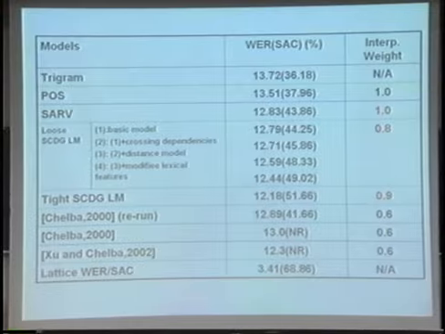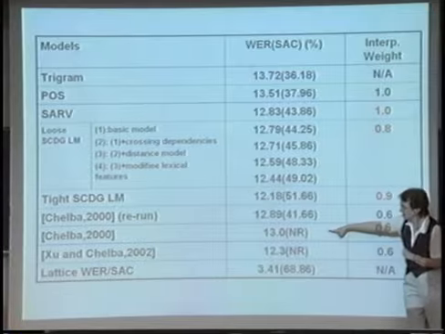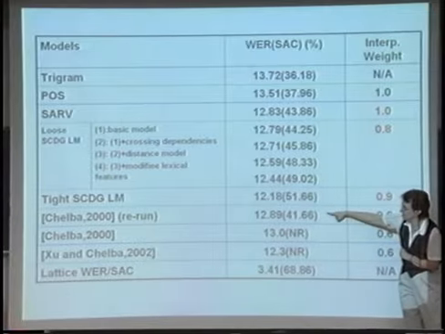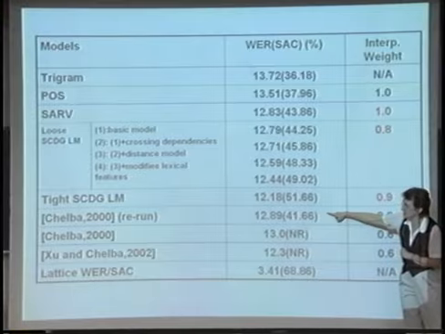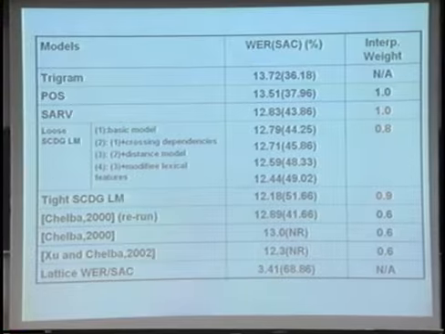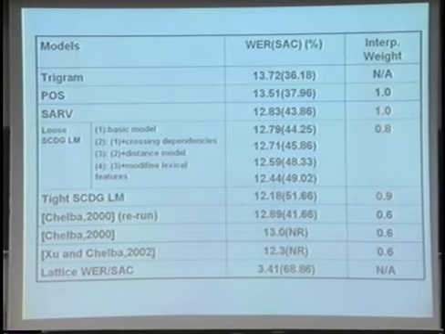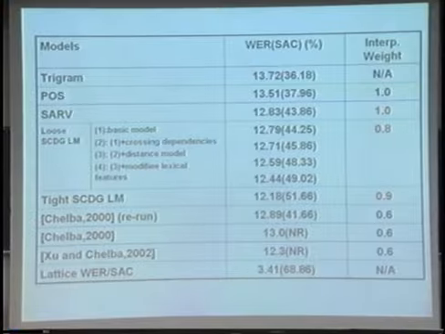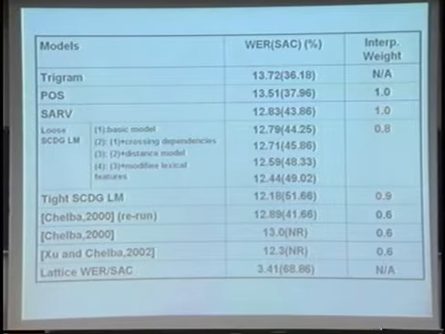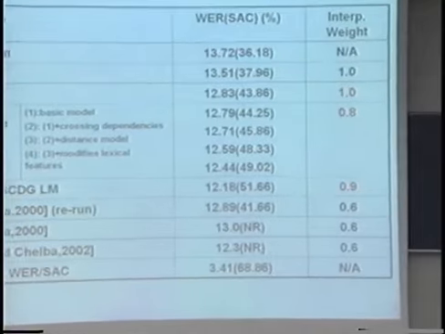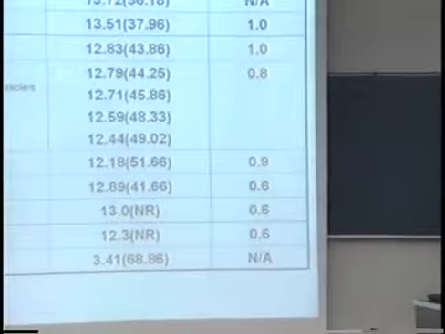If you look at Ciprian's original model, he was getting 13% word error rate on the lattices. If we retrain it and run more iterations of EM, we do a little better. And actually, it is slightly better than Zhu and Khudanpur. Not statistically significantly better, but it does do better.